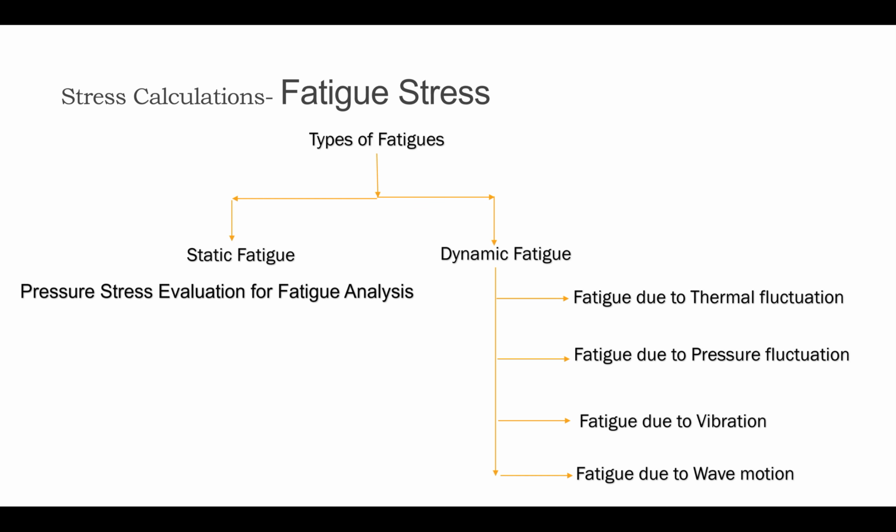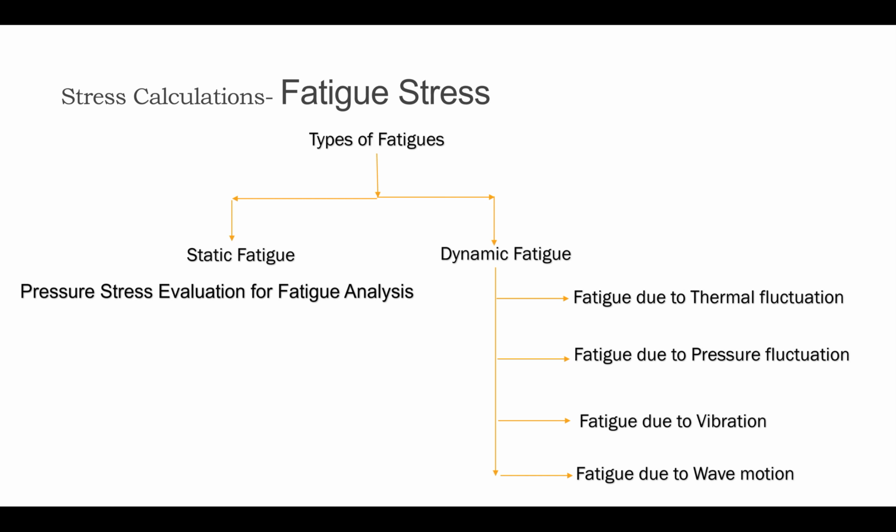Fatigue analysis shall be in accordance with ASME pressure vessel Section 8 Division 3, which requires that the stress concentration factor be used in computing the cyclic stresses. Creep fatigue interaction effect shall be considered when the number of cycles exceeds 100 in elevated temperature service.